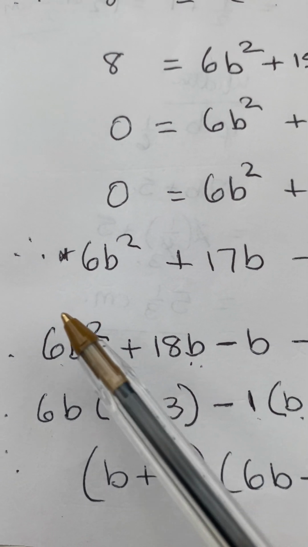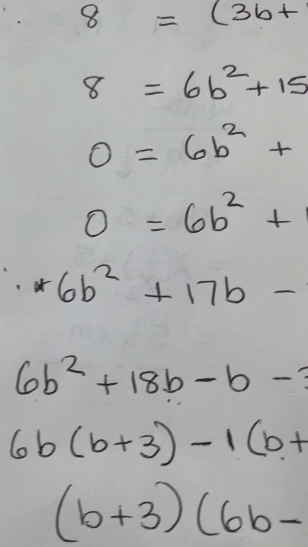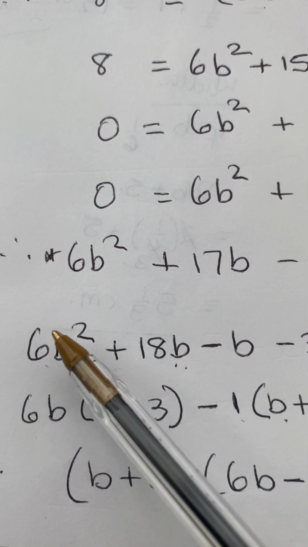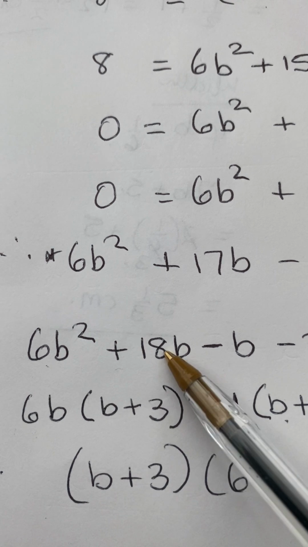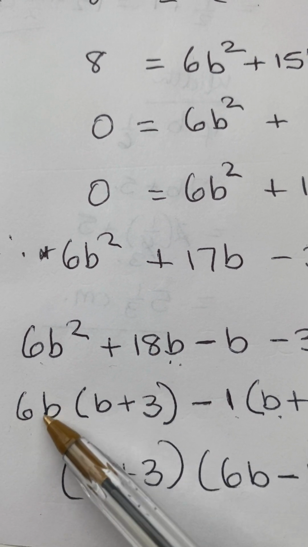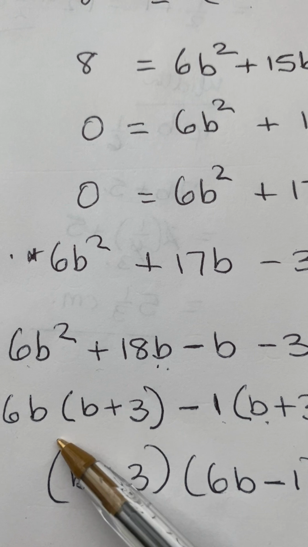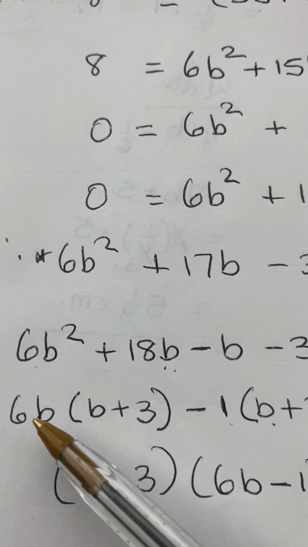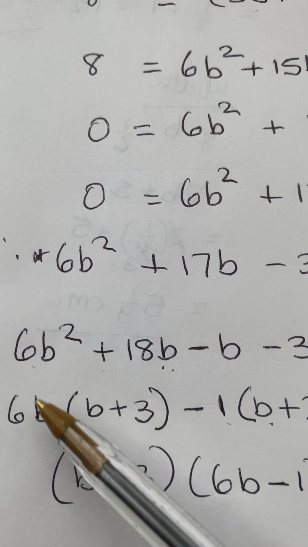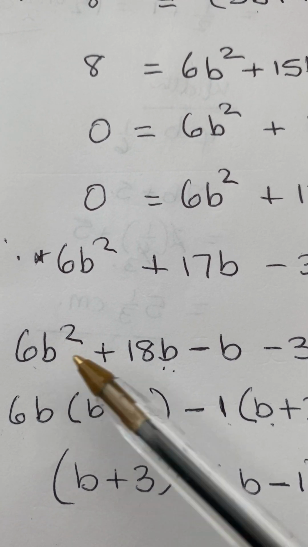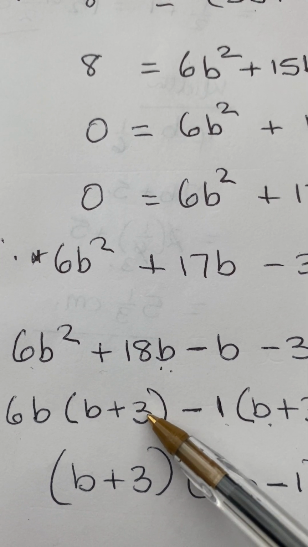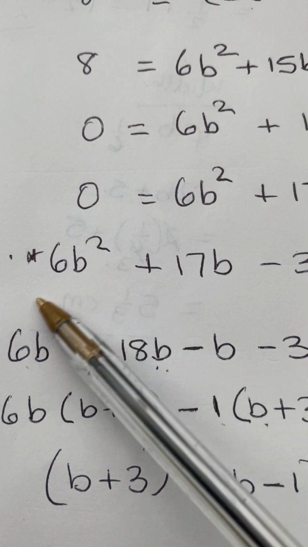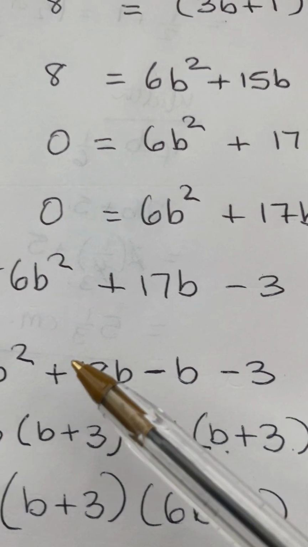Now we simplify the first two terms and the third and fourth. If you look at these, you can bring 6b out and then into the bracket b plus 3, because b times 6b will give you 6b squared, and 3 times 6b will give you 18b. So we've dealt with the first part of the equation.